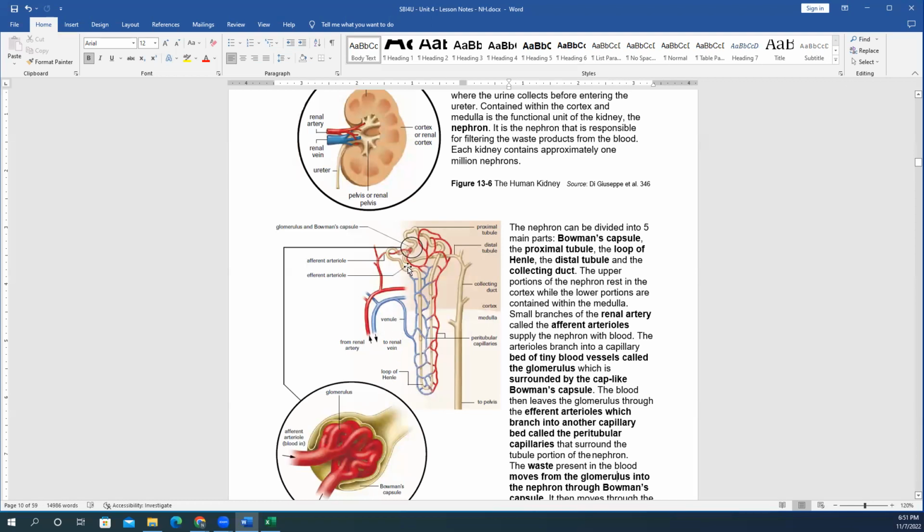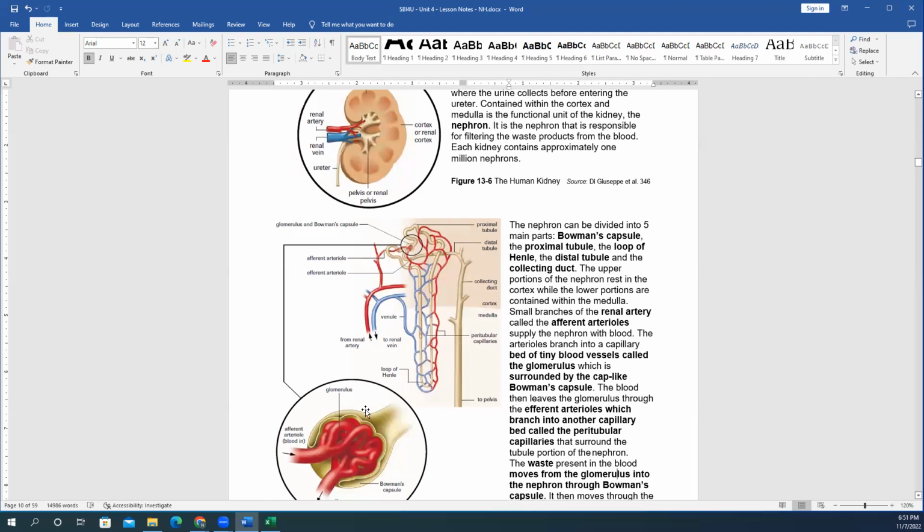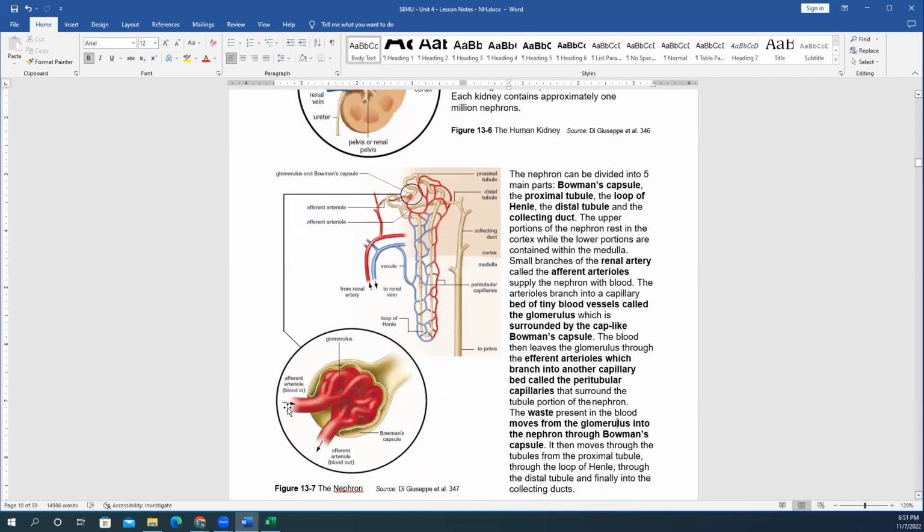So if we look at it closely, there's the afferent arteriole that brings blood into the glomerulus, and it leaves through the efferent arteriole, which then branches out once it leaves into another capillary bed that is called the peritubular capillaries.